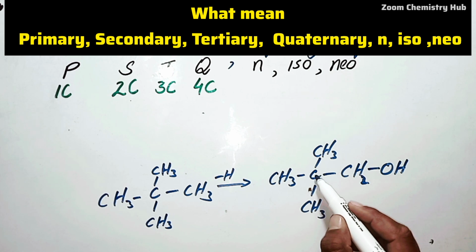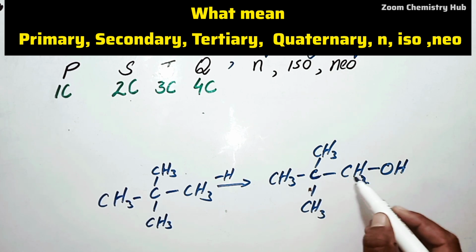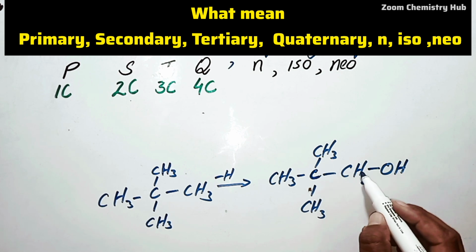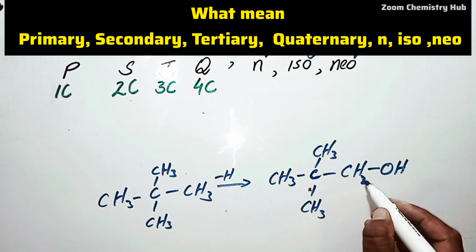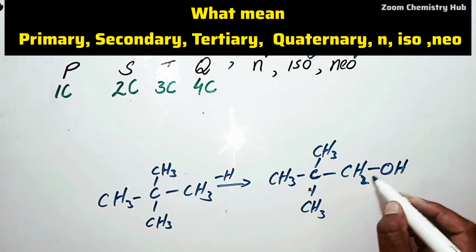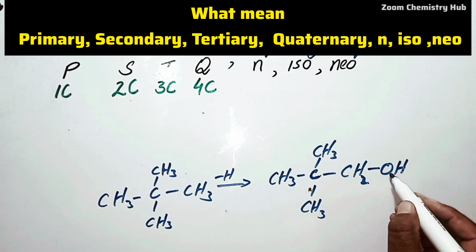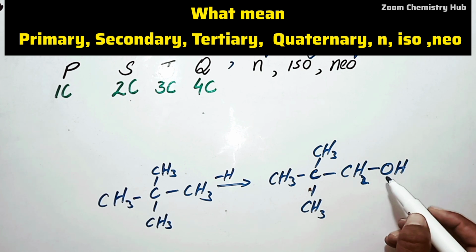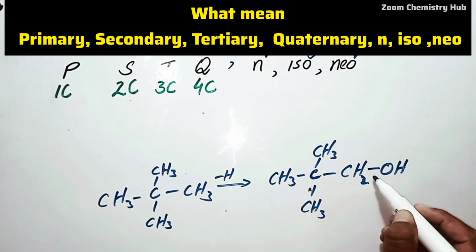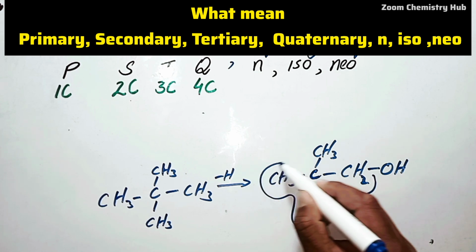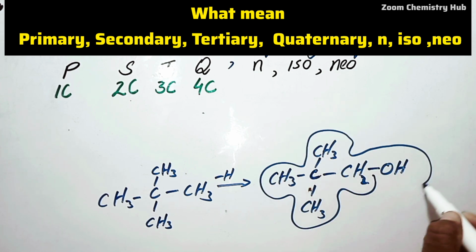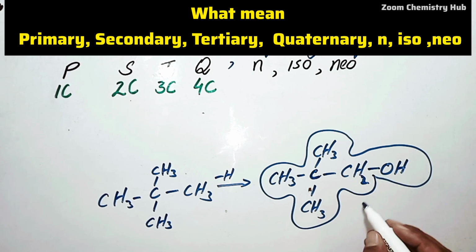When the quaternary carbon atom is present, and in the quaternary carbon atom, if we remove one hydrogen and by adding one functional group by the replacement of one hydrogen, then this alcohol or this functional group makes them new.